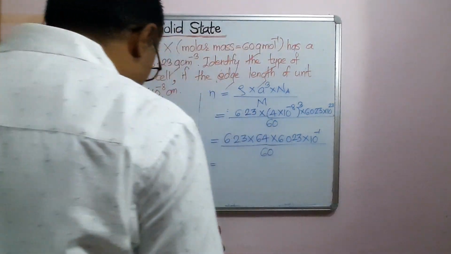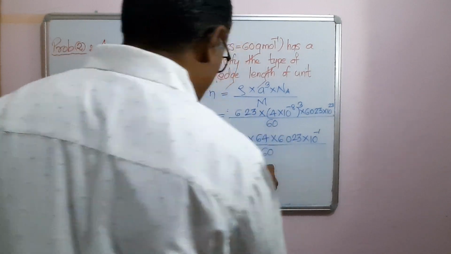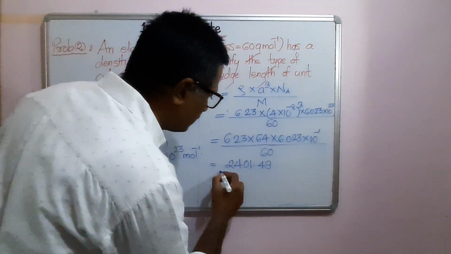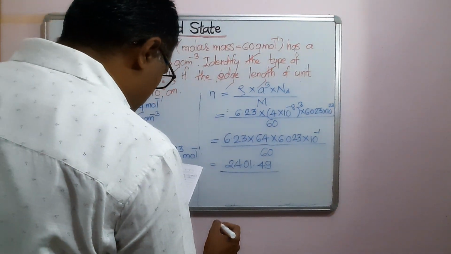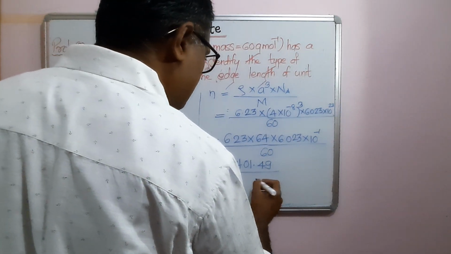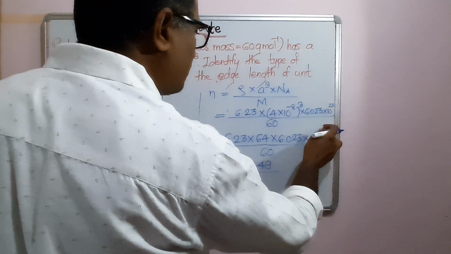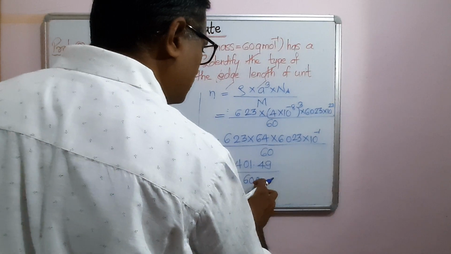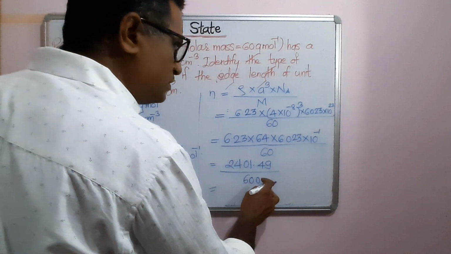Because of the 10 to the power minus 1, the denominator becomes 10 into 60, which is 600.